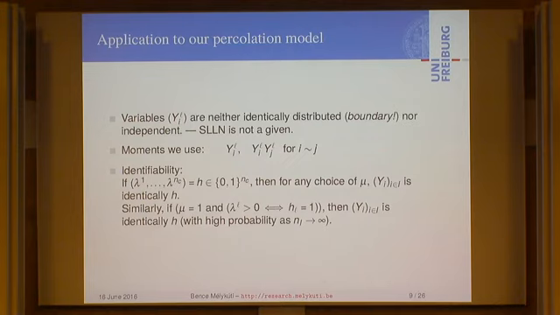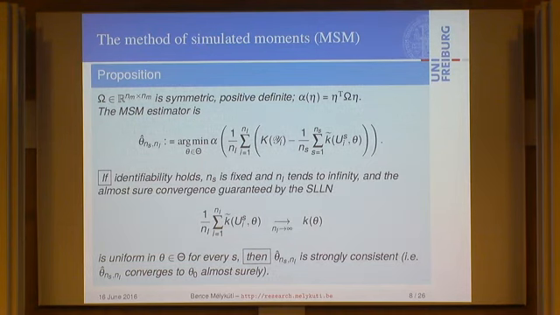Okay, and so the challenge is the strong law of large numbers for these moments as ni tends to infinity, right? This should be uniform in my parameter value for every simulation S. So that is also a condition which has to be satisfied.